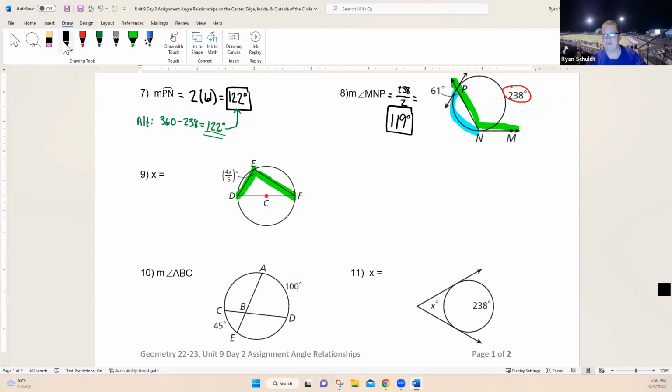DF is our diameter, which means out here we're at 180. So now I'm out, I need to go in to figure out what this angle is. So 180 divided by 2 gives us 90. That means this angle is 90 degrees right here.